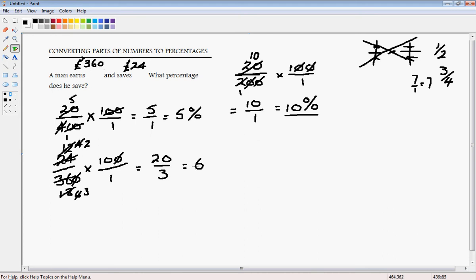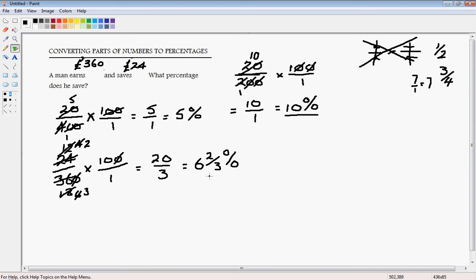Now 3 into 20 goes 6, so 3 6s are 18, leaving me 2 left over. So that leaves me 2 of the thirds. It's always whatever's remainder over this number, and that will be a percentage. Okay, so that's 6 2/3%.